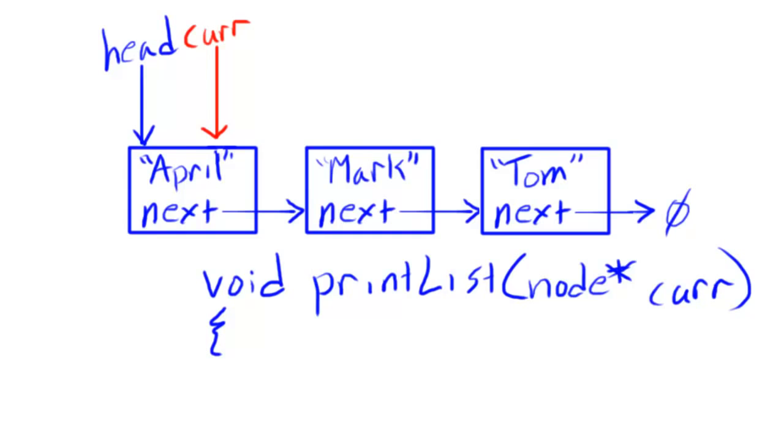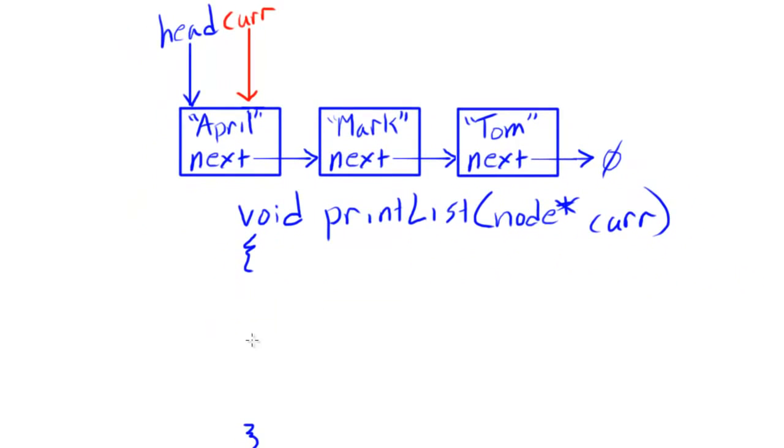Then we have to start thinking about our base case and our recursive case in the body of this recursive function. The base case would be whenever this current pointer is pointing to null. At that point in time, we don't have anything left to process, no other nodes in our linked list. In the case of our base case, we really don't want to do anything. We just want to simply return from our print list function.